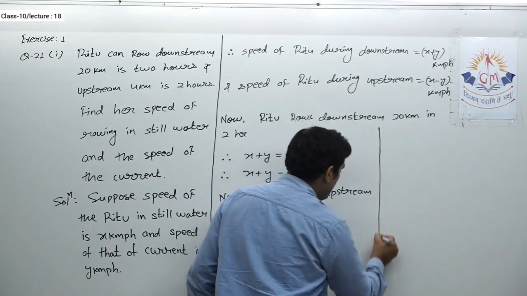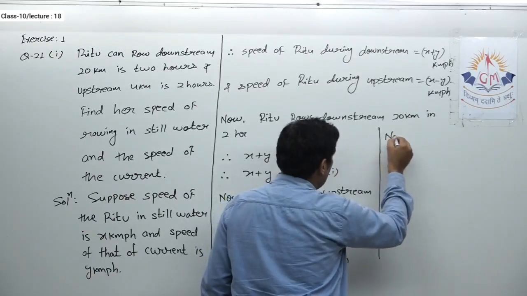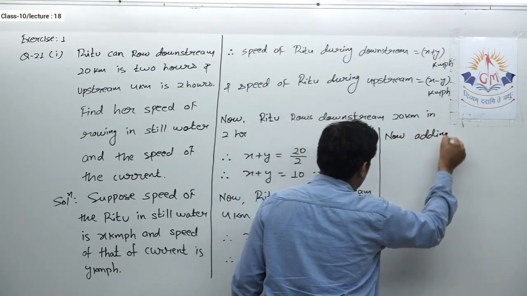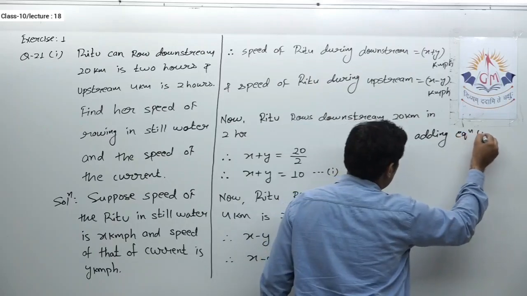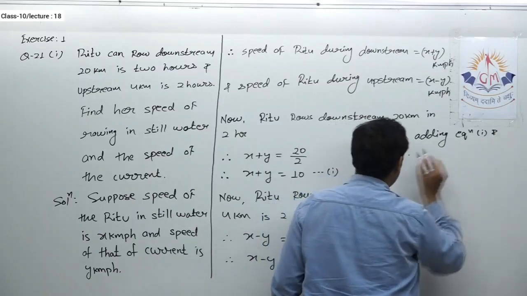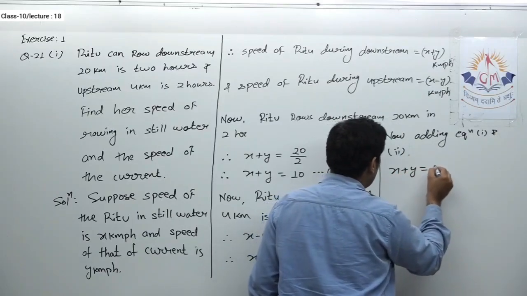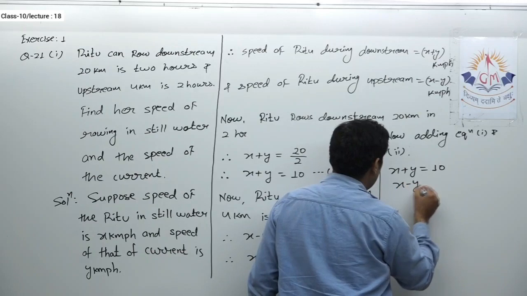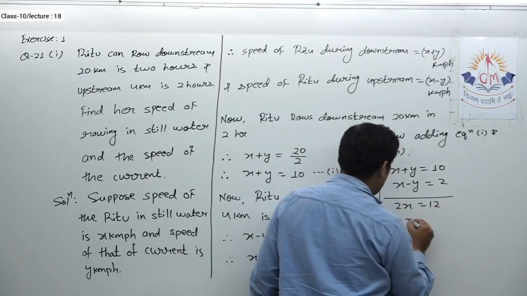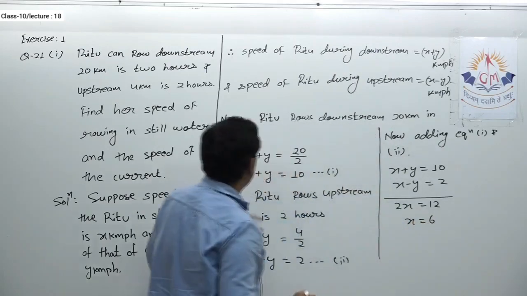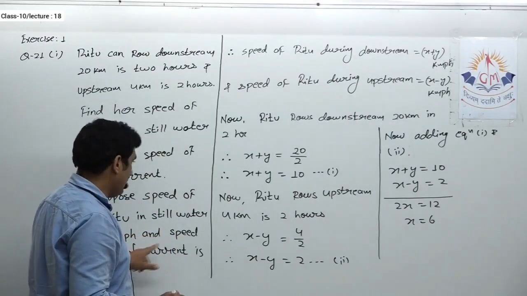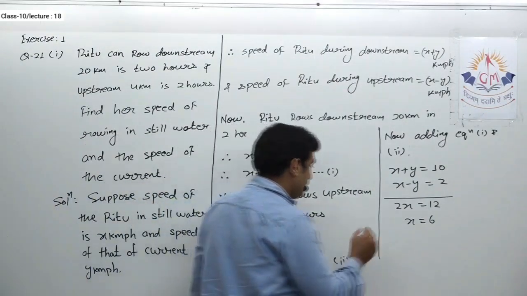Adding equations 1 and 2: x plus y is equal to 10, x minus y is equal to 2. When I add these two, I get 2x equal to 12, so x equal to 6. That means the speed of Ritu in still water is 6 km per hour.